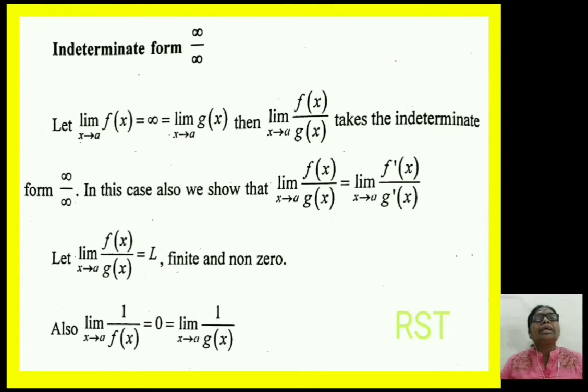Since limit of f(x) as x tends to a equal to infinity, limit of 1 upon f(x) as x tends to a equal to 0, since 1 upon infinity is 0. Also, limit of g(x) as x tends to a equal to infinity. Hence, limit of 1 upon g(x) as x tends to a equal to 1 upon infinity equal to 0.